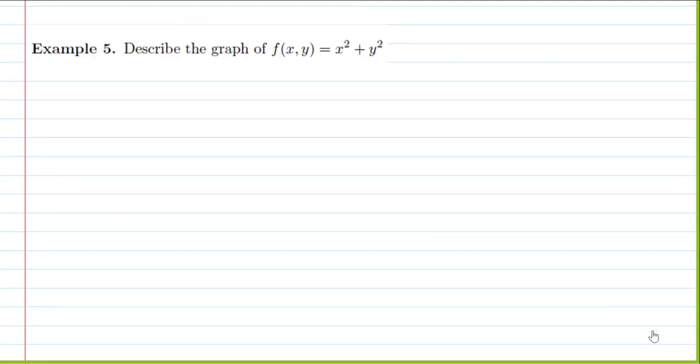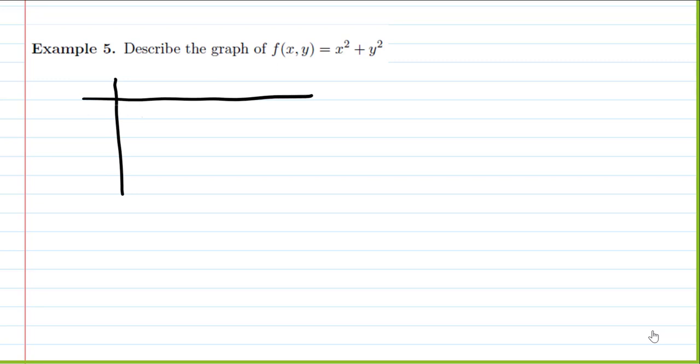All right, so our next example is we want to describe the graph of f of x, y equals x squared plus y squared. So this is going to be a three-dimensional picture, so there are a few different techniques that we can use to help us determine what the graph looks like. So just like with graphing in 2D, making a table of values can be helpful.